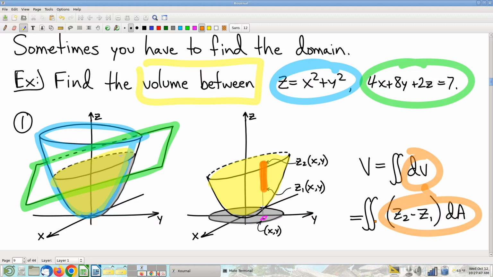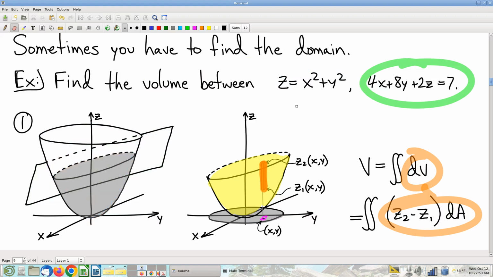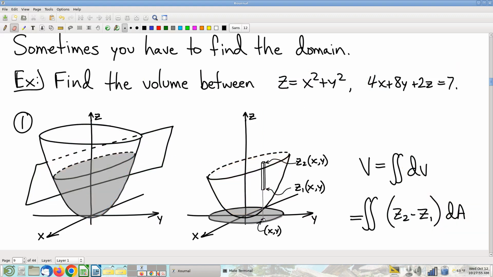Except again for the fact that we don't yet know what our domain is. So what's our domain? And this is a tricky part. Let me first show you what a lot of people do wrong. This is very tempting for a lot of students. A lot of students say, okay, I'm interested in this curve that sort of bounds my domain.